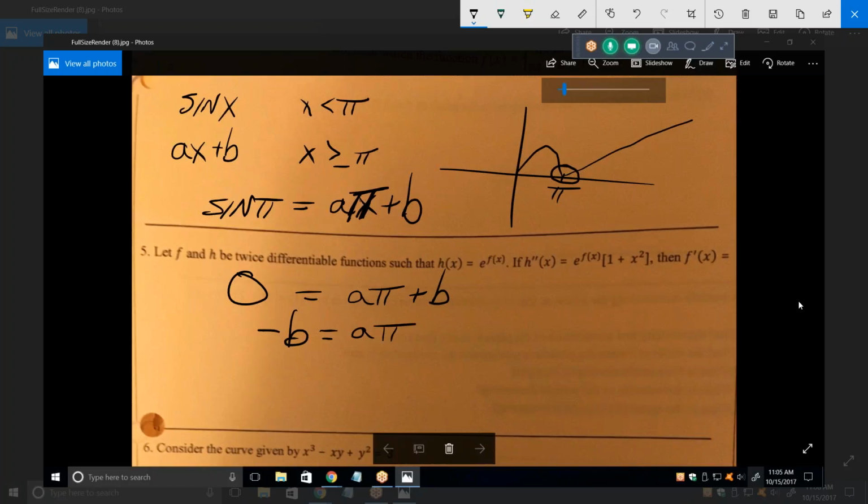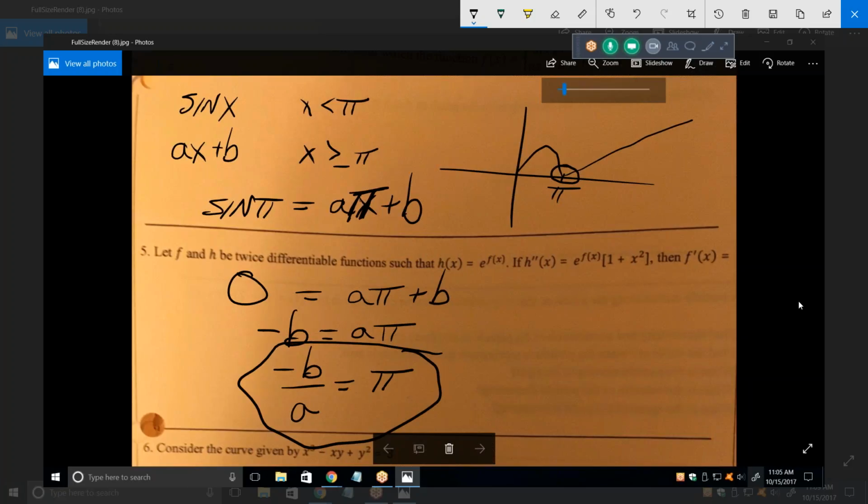So minus b over a would be equal to pi. But that's the best I can do because I only have one equation to work with. I don't have two. In other words, I know what the sine of pi is. I know what the left side is. That's 0.